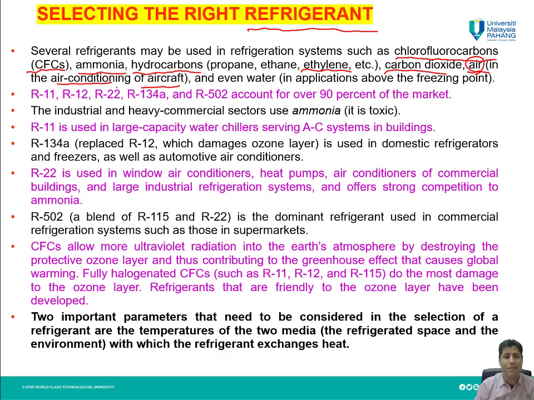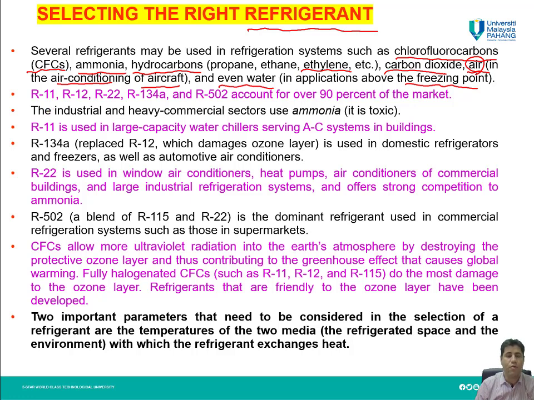Why do we use this kind of refrigerant? This is due to safety issues, actually. And even water, which we use as a refrigerant when we have a refrigerator which works above freezing point, or a heat pump, actually.